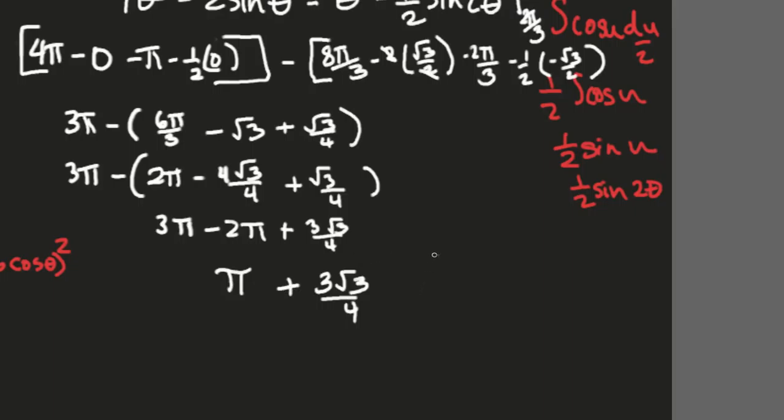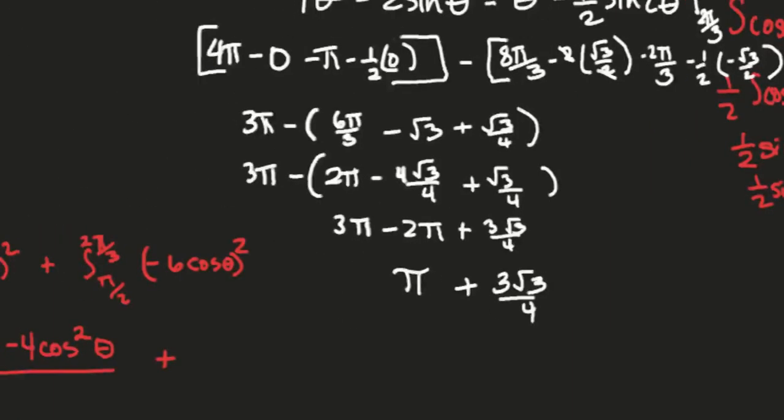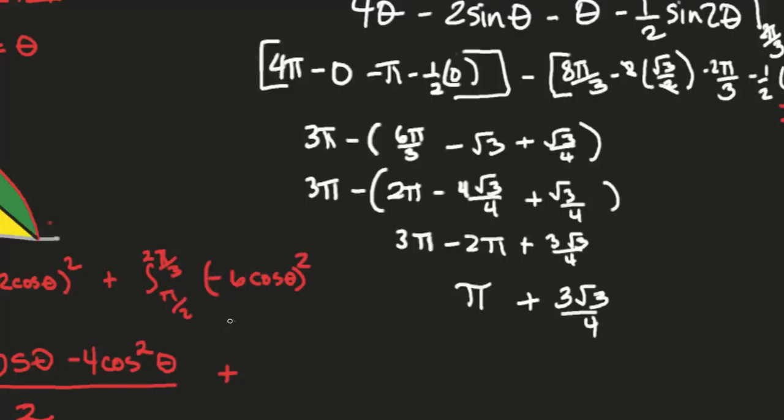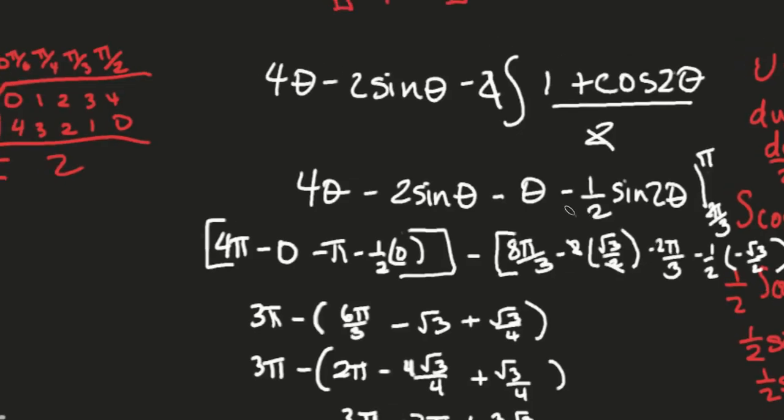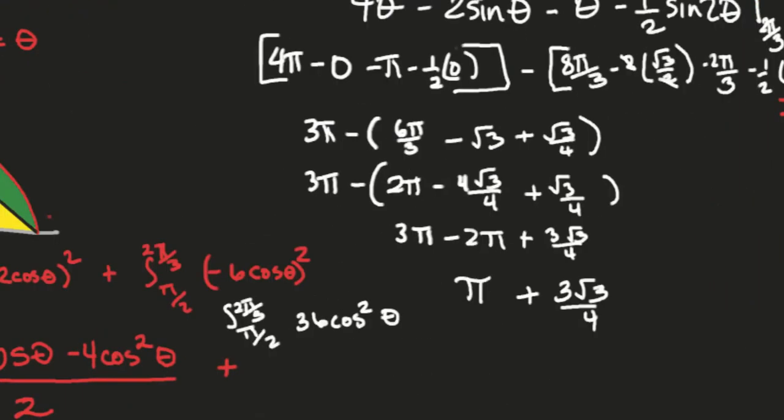And then we combine that with the other answer, which we haven't even started on. So that would be 2 pi over 3 to pi halves of 36 cosine squared. We already know that cosine squared integral. We did that earlier, right? What did that equal? Let's just redo it.